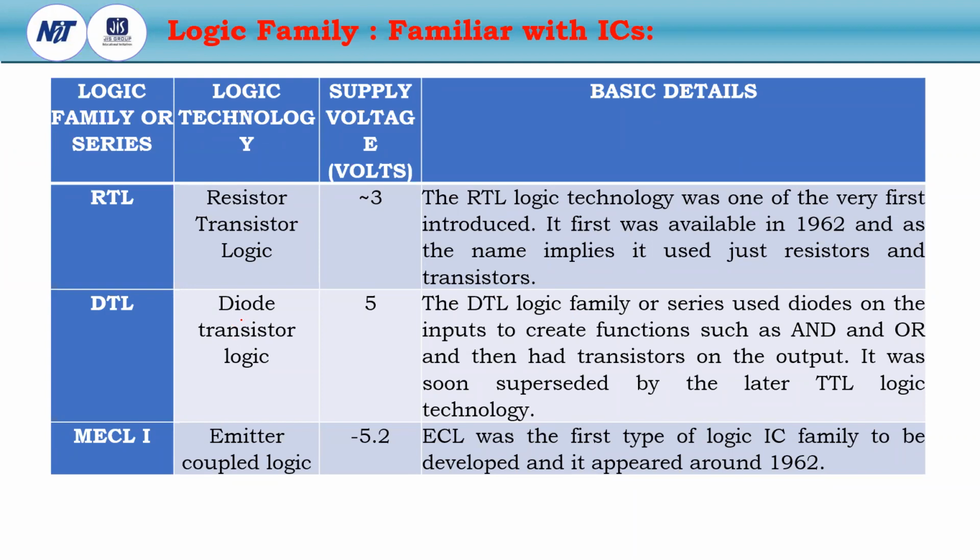The DTL, this is the diode transistor logic, where the supply voltage should be 5 volt. And the MECL 1, that is the emitter coupled logic, where the voltage should be minus 5.2 volt. The ECL was the first type of logic IC family to be developed, and it appeared around 1962.